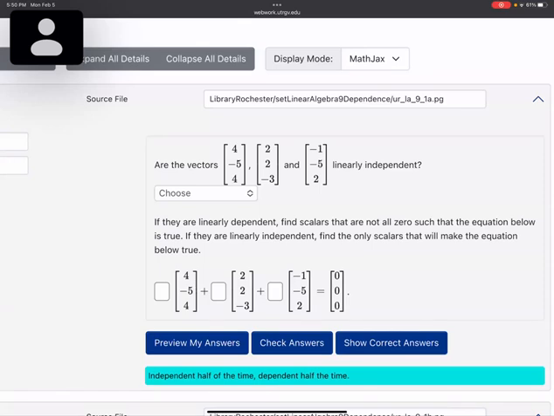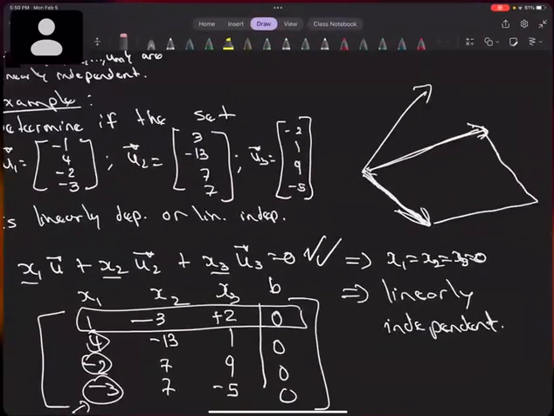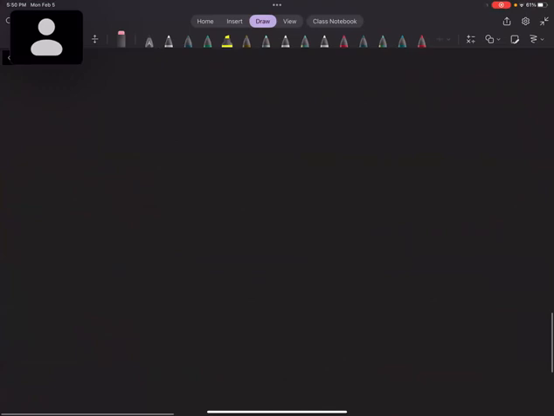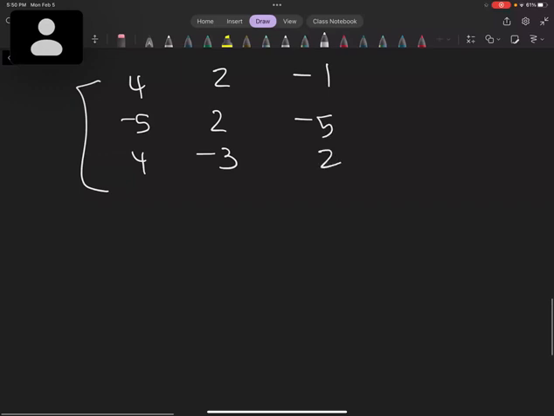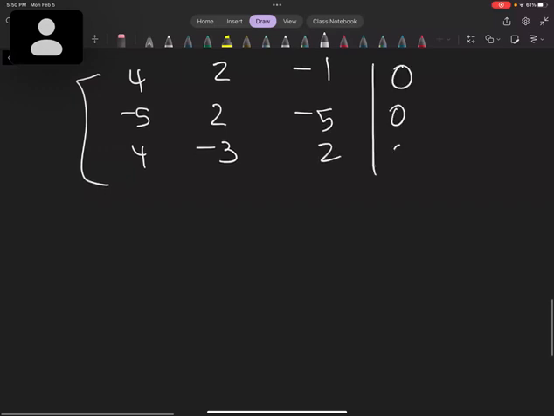So what we need to do is just as we did. So we need to put 4, minus 5, 4, 2, 2, minus 3, minus 1, minus 5, 2, and then make it equal to 0. Okay.